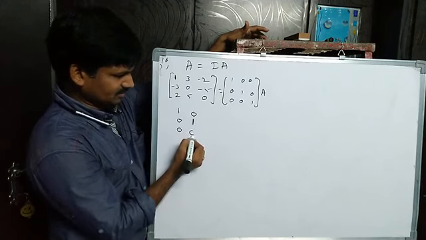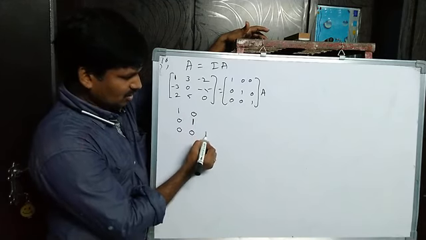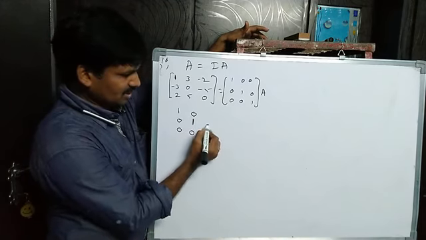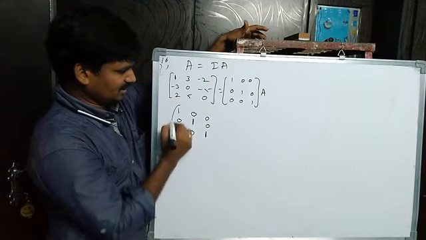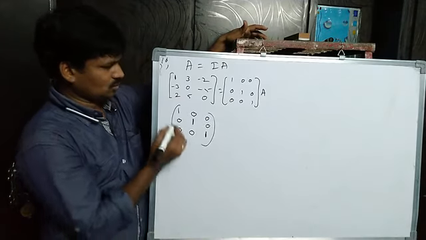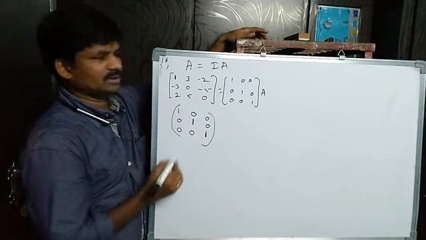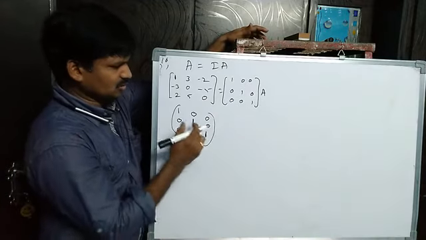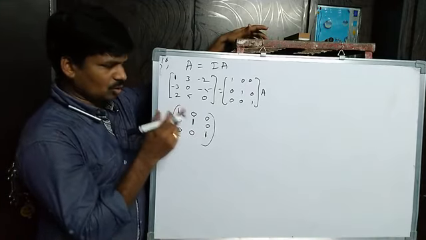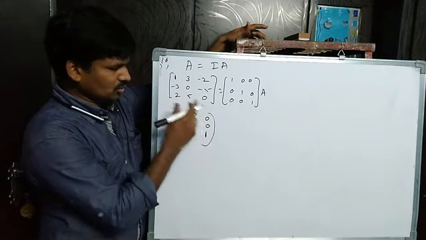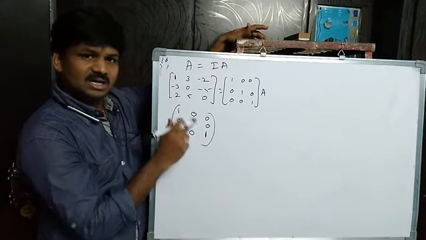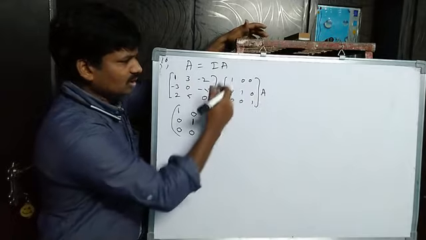Next, make 1 here, and by using it, make zeros here and here. Finally, this matrix becomes 1 0 0, 0 1 0, 0 0 1. The same row operations we apply to transform this matrix into the identity matrix, we have to apply on this one also.